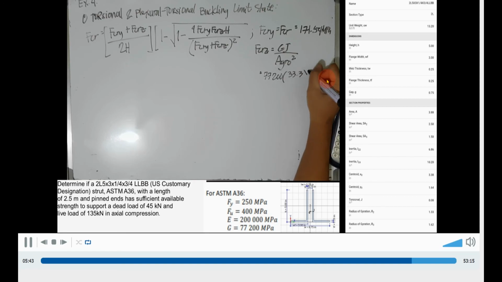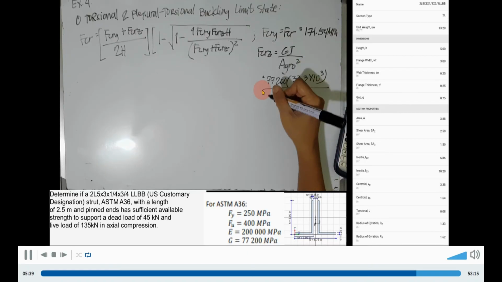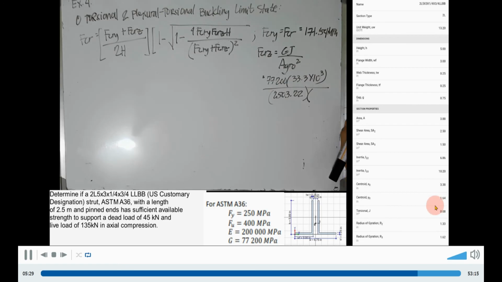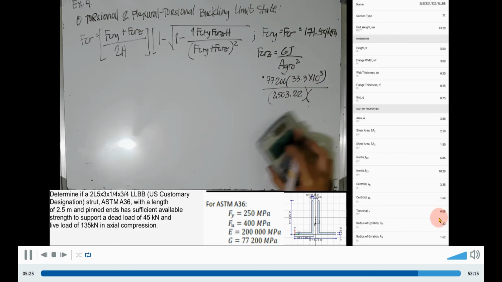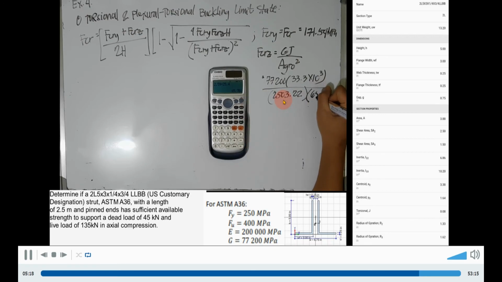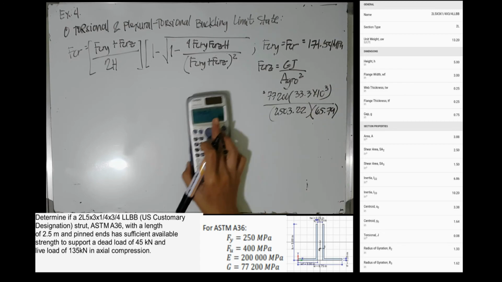So our shear modulus of elasticity is 77,200. The torsional constant for this section is this one. I-convert nyo na lang into millimeter. And the area is 2,503.22, with our polar radius of gyration of 65.79.